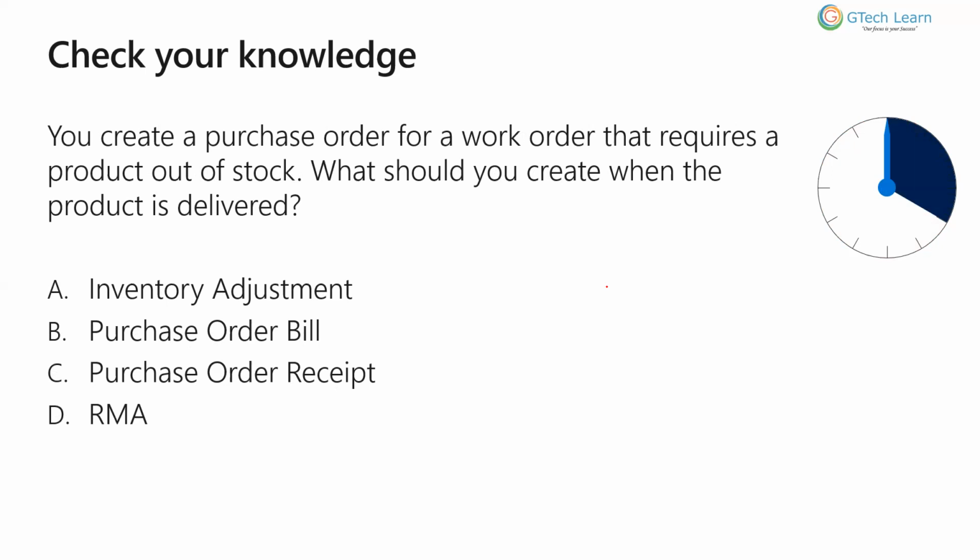Whether it's option A, inventory adjustment, option B, purchase order bill, option C, purchase order receipt, or option D, RMA, that means the return merchandise authorization. So let's get your answers on the chat and let me start my timer now.